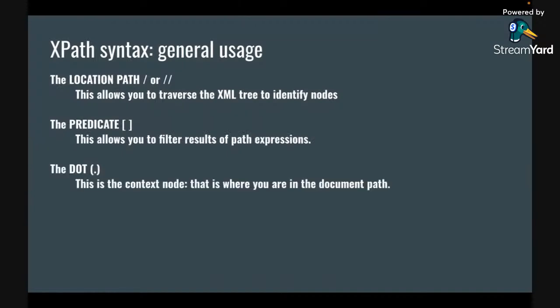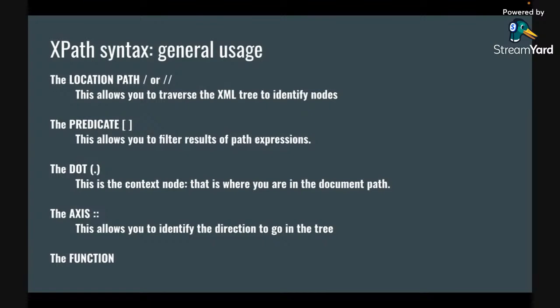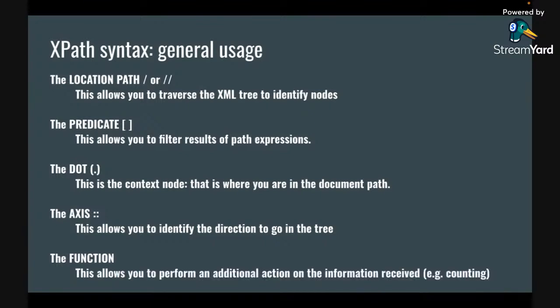The dot is the context node, and that's where you are in the document path. The axis is indicated by the double colons, and this allows you to go in a certain direction within the tree. And then finally, there's the function, and this allows you to perform additional actions on the information that is retrieved in the XPath expression.